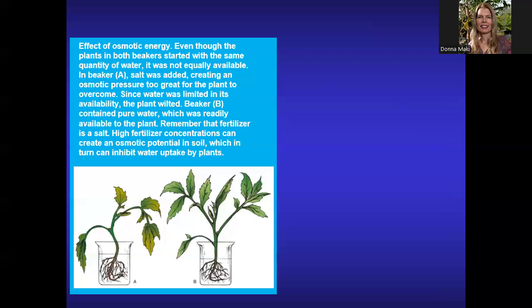I think I may have showed you this diagram before where you can have a plant with a good root system and you put it into water. So in figure B over here, that's good water, it's pure water. In figure A, they dumped in some salts and you can see the plant starting to wilt and die, even though its roots are in water. But because you've added so many solutes, you've driven the water potential so negative. It's weird, but you can actually do that.